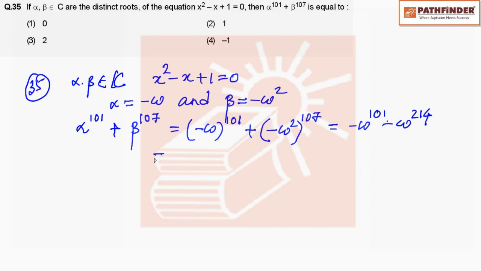That means it will be minus omega square minus omega, it will be plus 1. So answer is option 2.